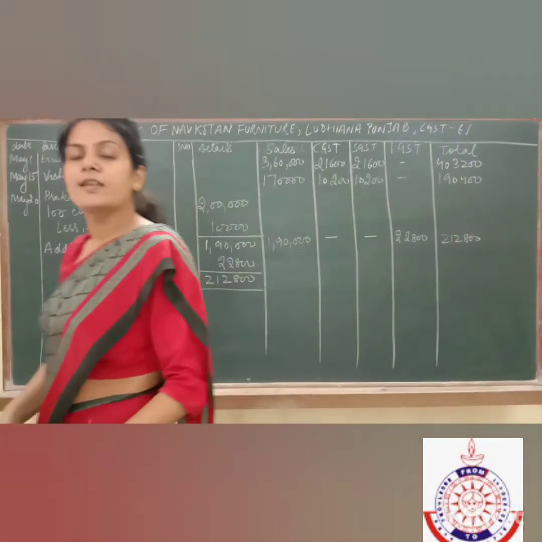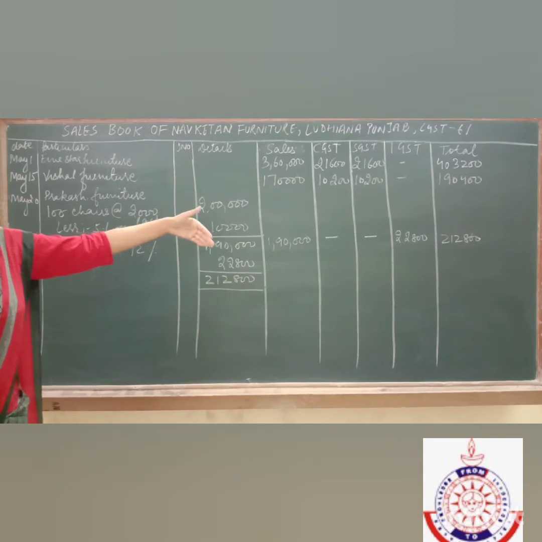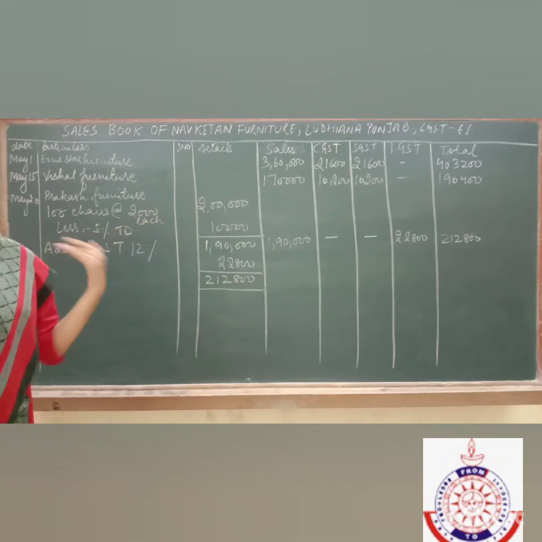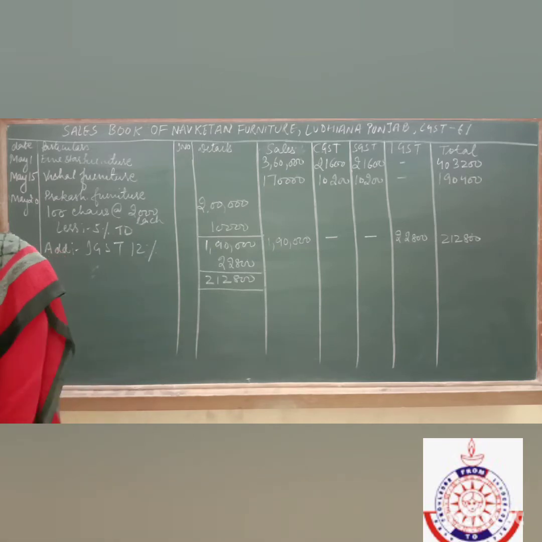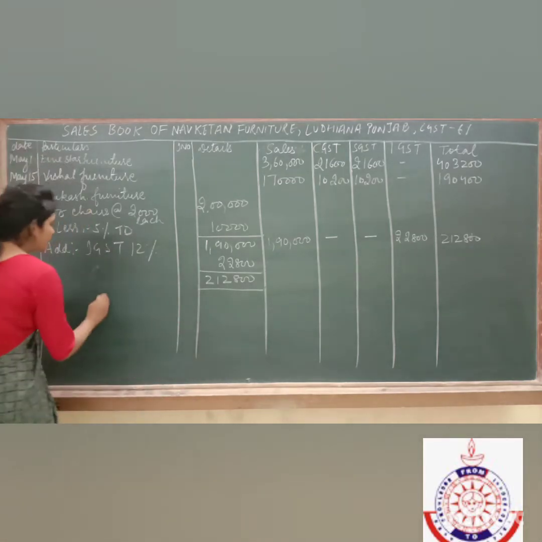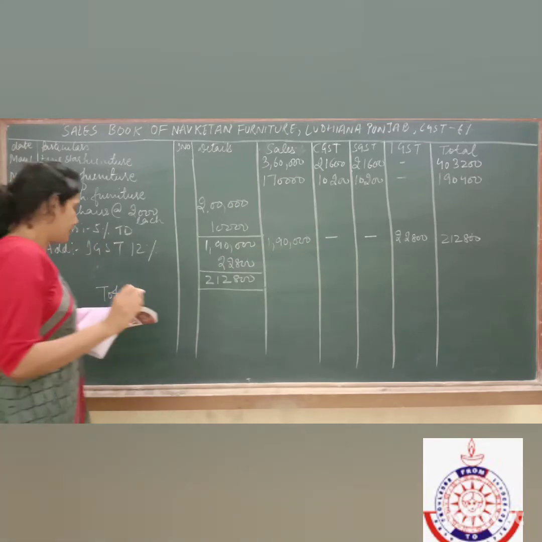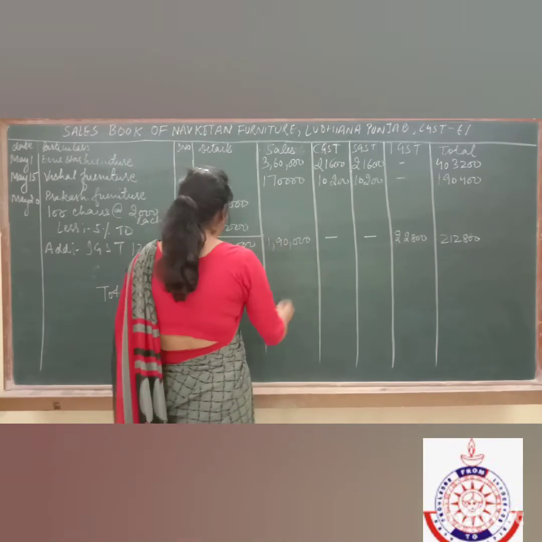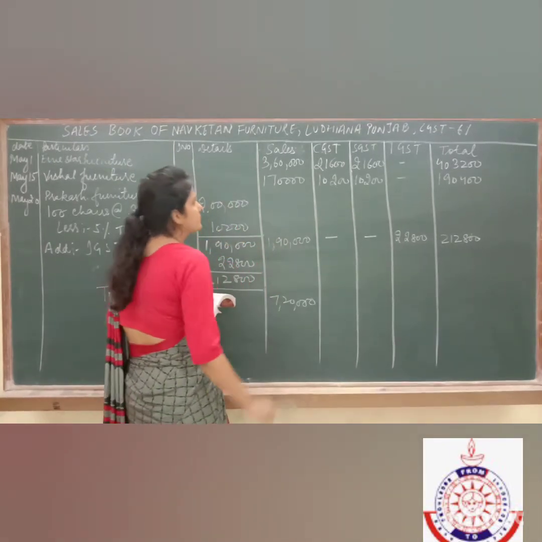So now the last step is to total everything and then to form journal entries and then to post them into respective ledger accounts. So let's total them first of all. Write here the word total. Total of this column, sales, 7,20,000.